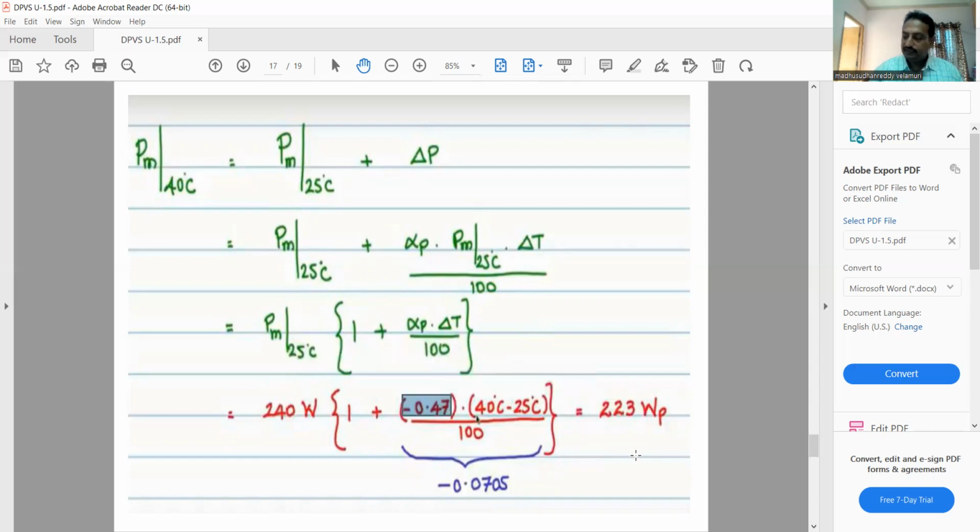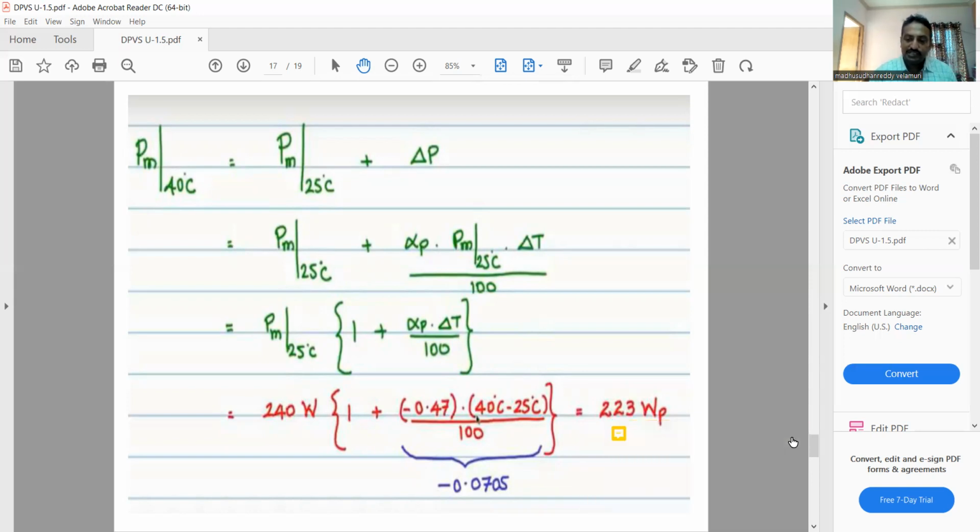So then what's happened here? See how much the power will be decreased. 240 minus the new value, and the decrease in power is about 17 watts when the temperature increases.